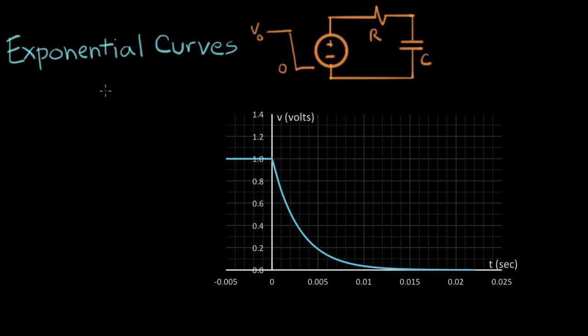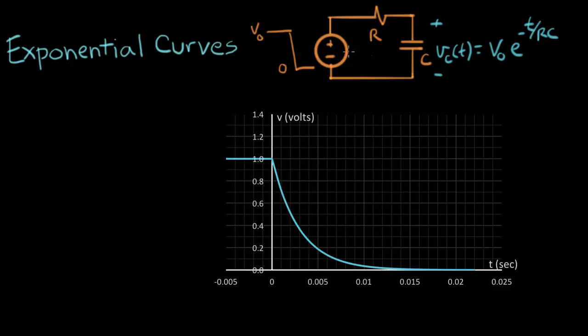Now I want to show you a really useful manual skill that you can use when you have voltages that look like exponentials. And we're going to talk about this exponential curve here that's generated as part of the natural response of this RC circuit. And we worked out that the voltage across here, this voltage V of t on the capacitor, its natural response is equal to V0, V naught, times e to the minus t over RC.